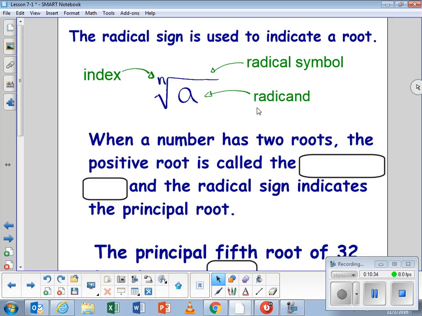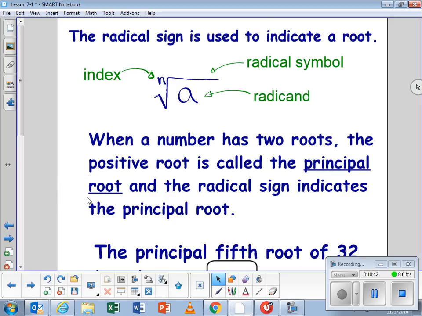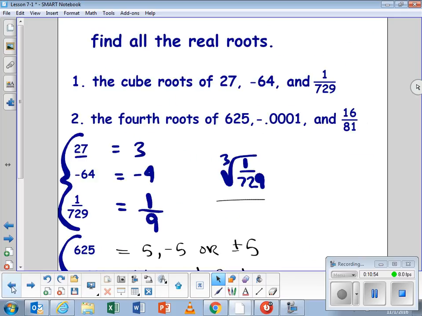When a number has 2 roots, the positive root is called the principal root. And the radical sign indicates the principal root. So this, I'll come right back to that, don't panic. This right here, I said we'd talk more about this.